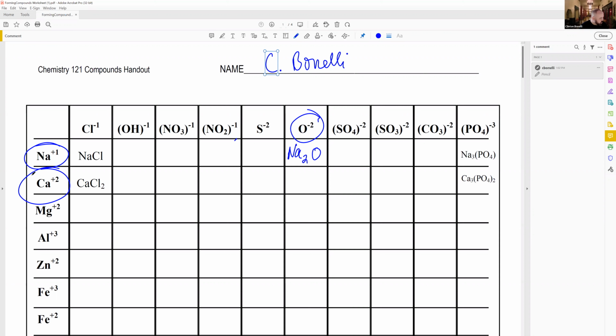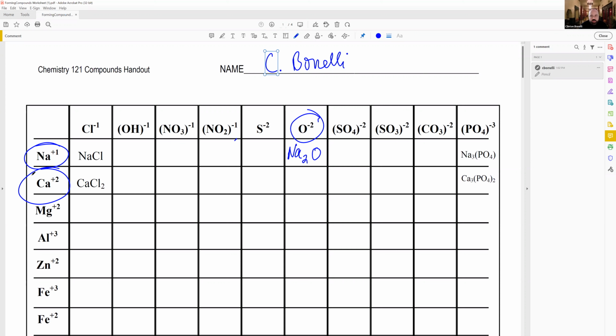So maybe the resulting compound would be CaO, calcium and oxygen. I'm sorry, Ca2O2. Calcium's +2 valence became oxygen's 2 subscript, and oxygen's -2 valence became calcium's 2 subscript. But that is actually incorrect.